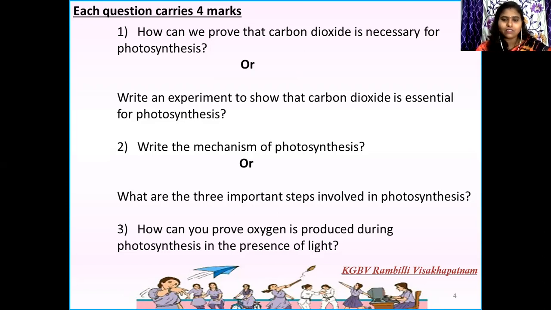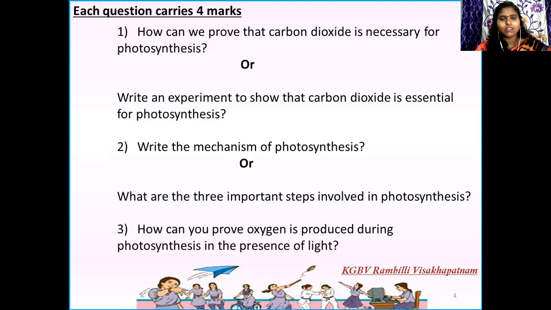The third one is: how can you prove oxygen is produced during photosynthesis in the presence of light? This is also an activity, so we can write aim, requirements and procedure. We take a beaker and pour some water, take a funnel, arrange some hydrilla twigs in the funnel and invert it into the beaker, then fill a test tube with water and invert it over the funnel.